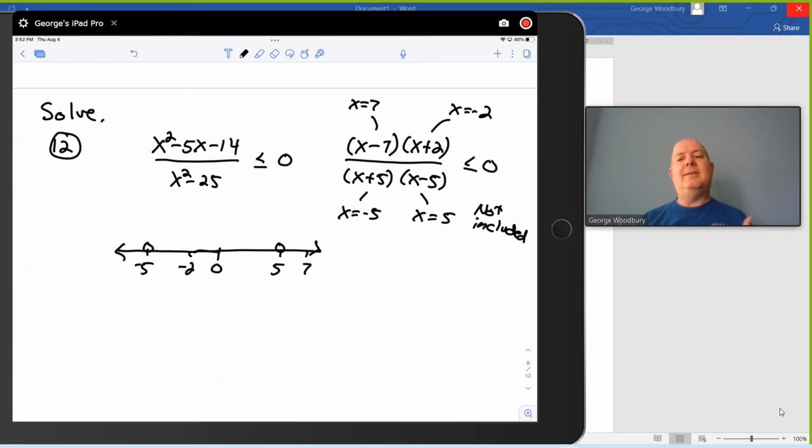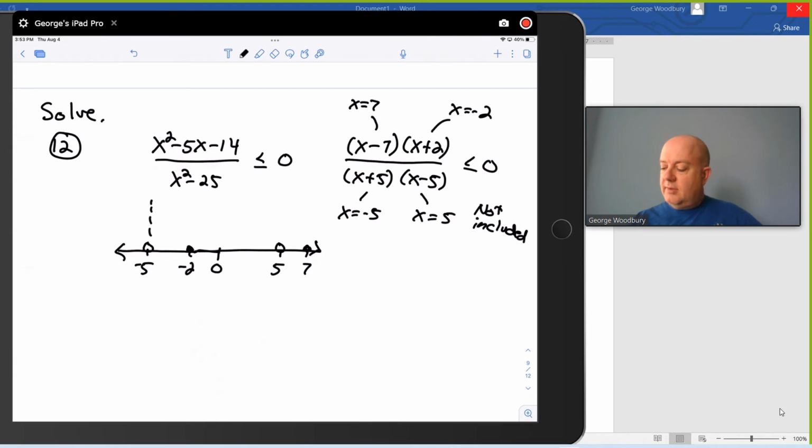That's going to remind me not to include those as solutions. But you could put a regular dot at 5 and 7 to remind yourself that those are included. From the numerator, with an equal sign, those are good. From the denominator, they're never included.